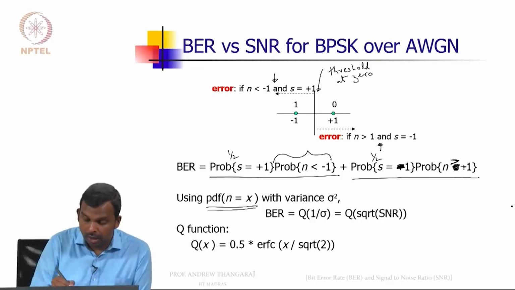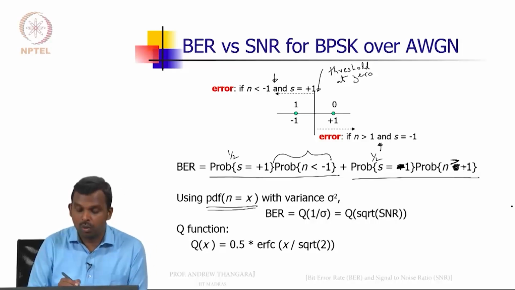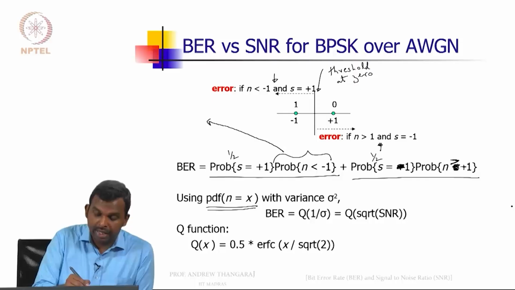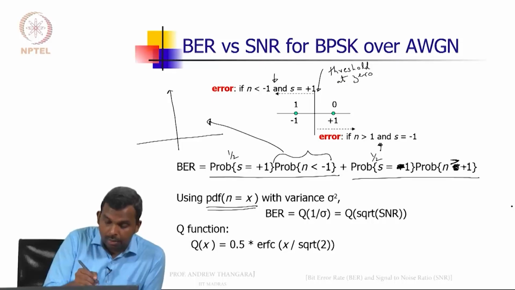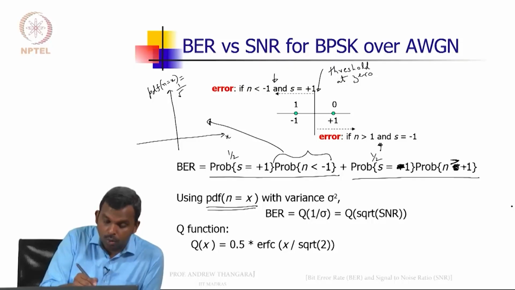To compute this, one needs the PDF of the noise. The noise is Gaussian distributed. So, the PDF is like this. The PDF of noise has this formula: 1 by √(2π) sigma e power minus x squared by 2 sigma squared.